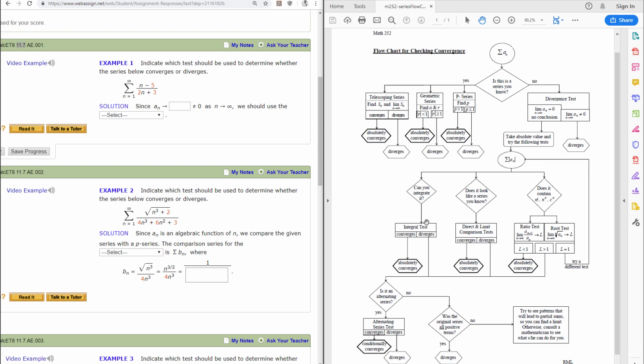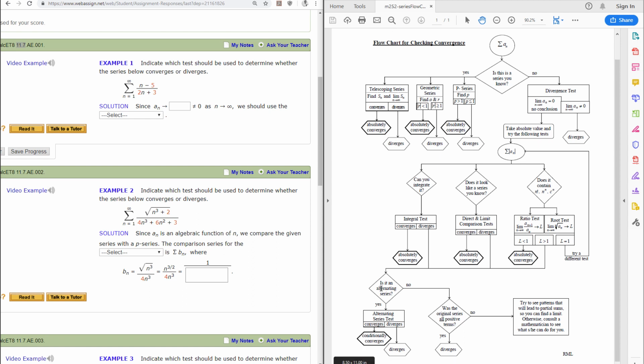If it diverges, then you still might have a chance of it converging if it is an alternating series. If it is an alternating series, you take the alternating series test, you check if it converges, and if it does, this is the only time you would call it conditionally convergent. If it doesn't converge, it diverges.